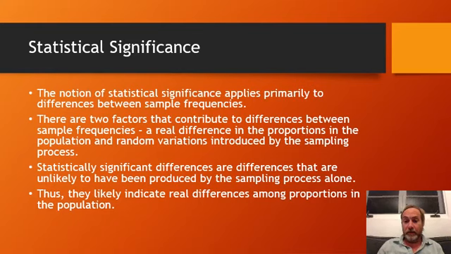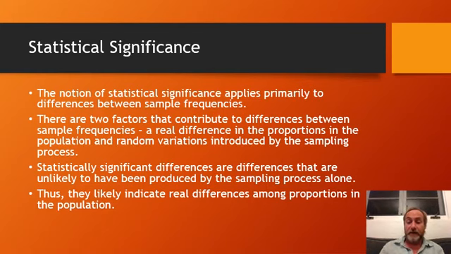Again, you're not guaranteed that the sample frequency of your sample is going to be exactly the same as the proportion in the population. In fact, there's a relatively low probability that will happen. So there are always going to be differences between your sample and your population. Statistically significant differences are differences that are unlikely to have been produced just by random variation in the sampling process.